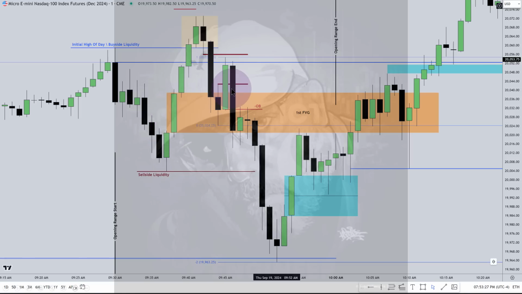So since we're looking for a run into mid gap, or the consequent encroachment of the opening range gap, the first 30 minutes of the trading, because it's a 70% likelihood it's going to trade to the midpoint of that gap, that means our initial bias is going to be lower. It does not matter what the daily candlestick's going to do. Your model is focusing on that.